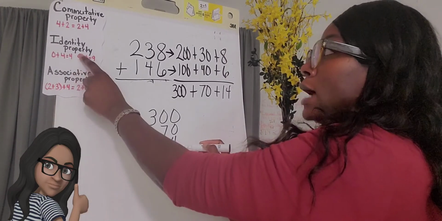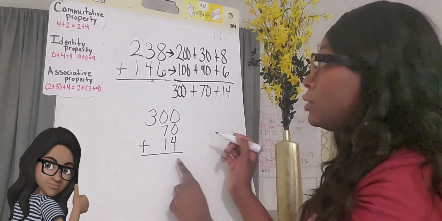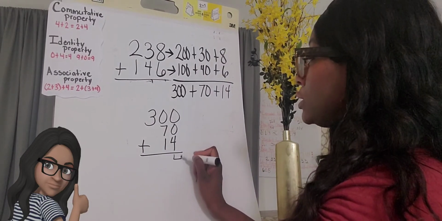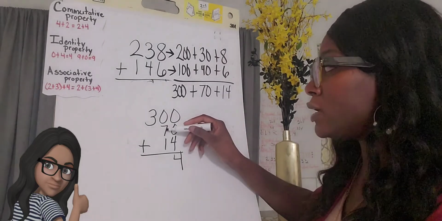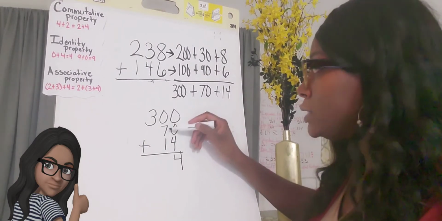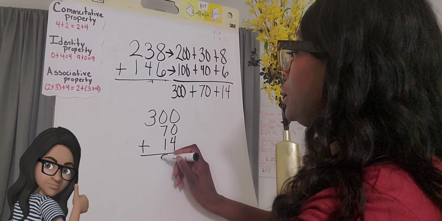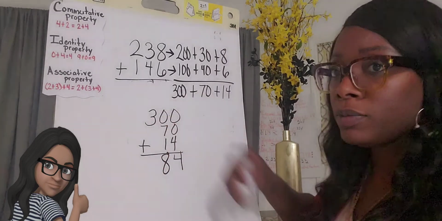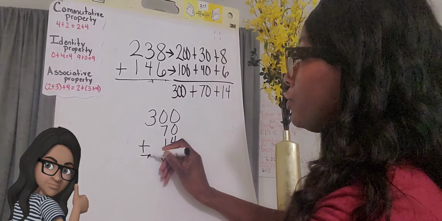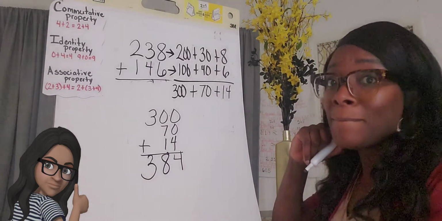We just learned in identity property that any number plus 0 is going to be whatever that number is. So 4. Now this one is 0 plus 7 plus 1. So 0 plus 7, we know it's 7. And then 7 plus 1 is 8. And then 3, we don't have any other numbers to add to it, so we just bring down the 3. Is that the same answer we've already got?